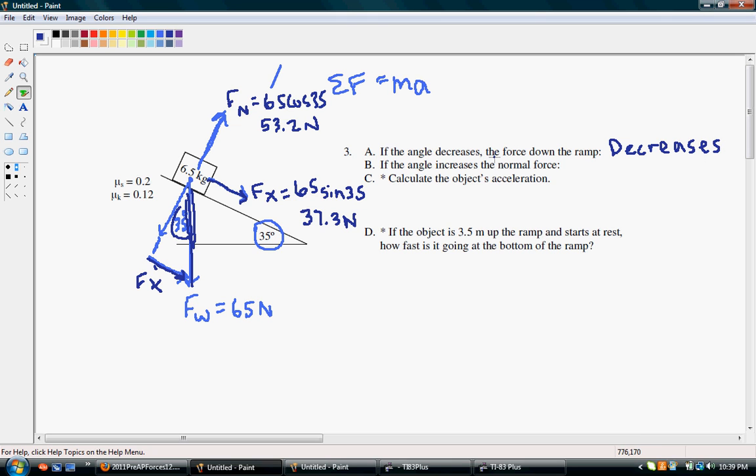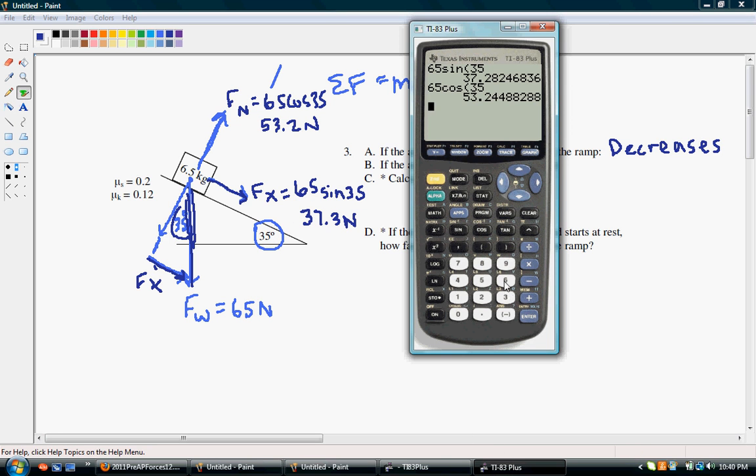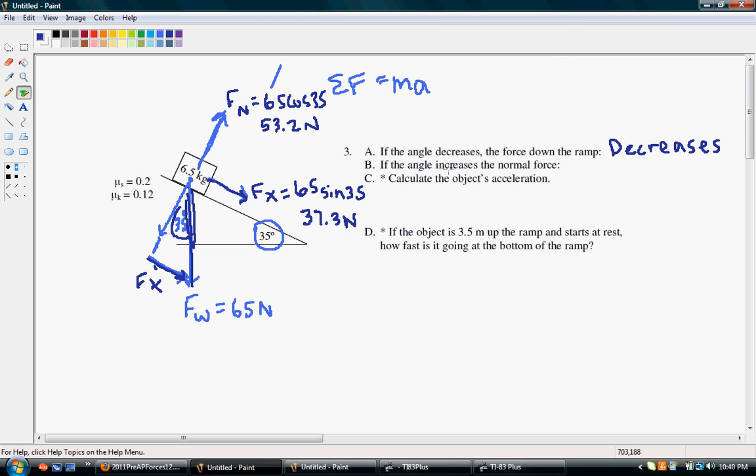For instance, let's make this angle decrease. Let's say that it's 10 degrees instead of 35. I'm going to plug in 65 sine 10. Notice that where before we had 37.3, now we only have 11.3. Now, if the angle increases, the normal force is also going to decrease, until the ramp becomes all the way vertical, in which case you would have absolutely no normal force.